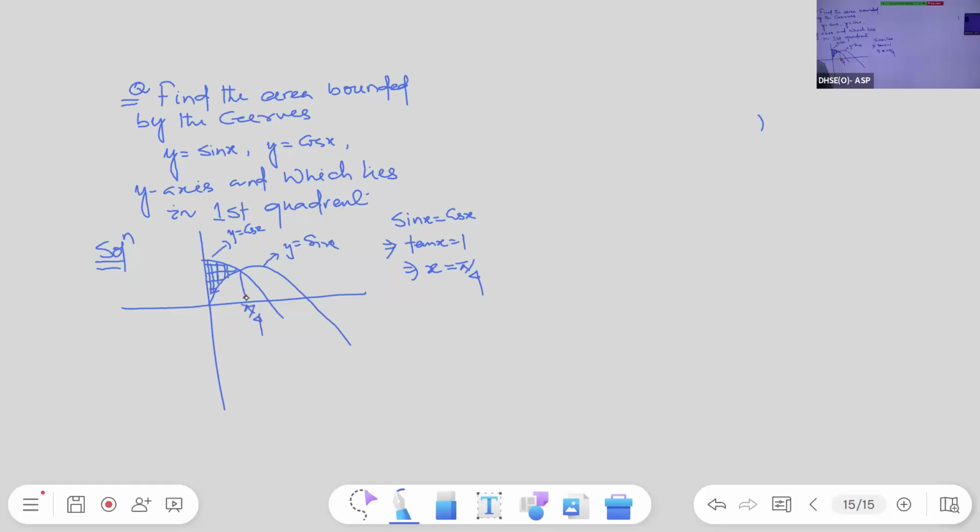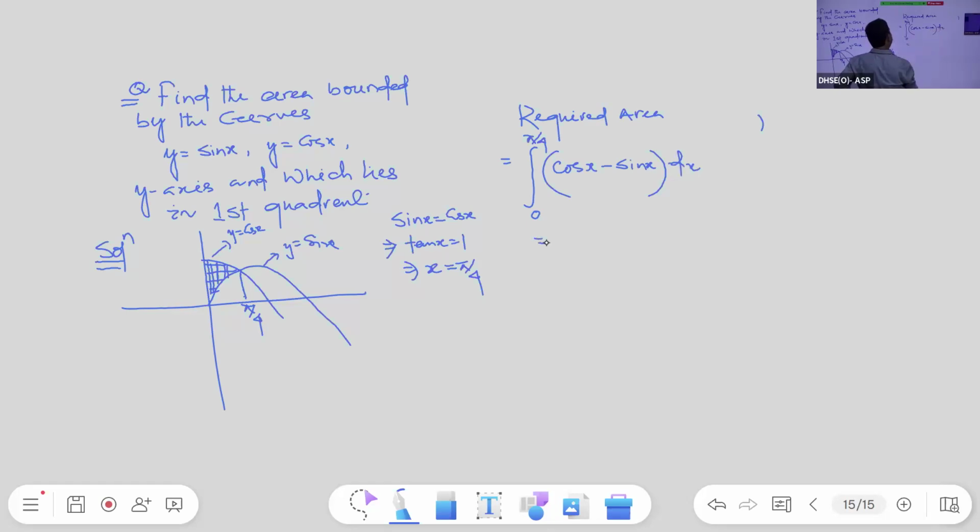Right? So the upper curve is cos x. There is an ordinate at x is equal to 0. Another ordinate is x is equal to pi over 4. So required area is equal to integral 0 to pi over 4, upper curve minus lower curve, cos x minus sin x dx.